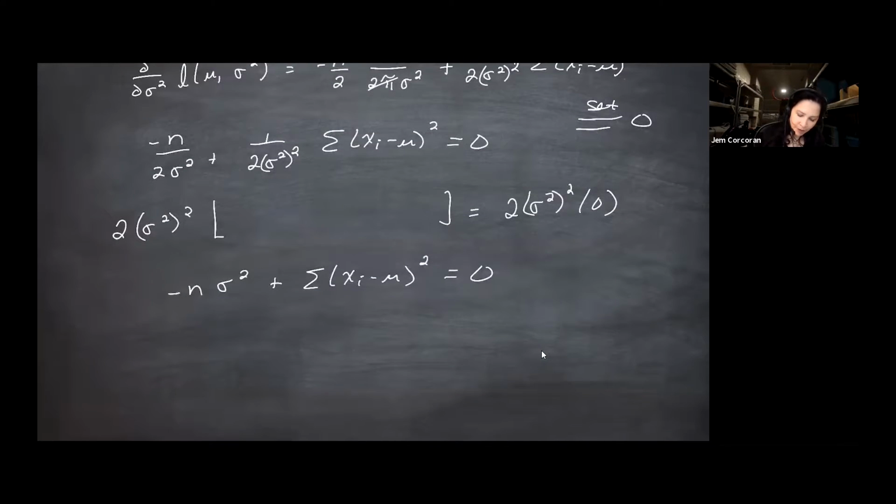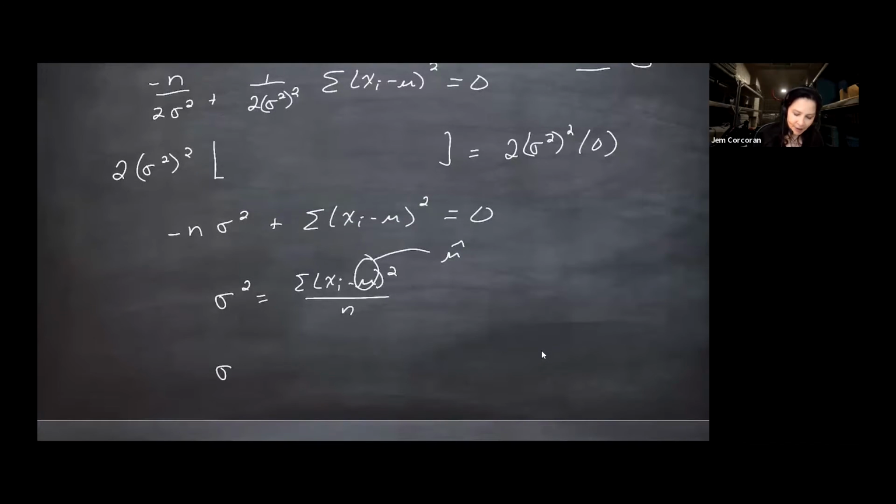So if you solve for sigma squared, it's going to be the sum of the xi minus mu squared over n. But of course, you can't use mu in your estimator of sigma squared because you don't know mu. Remember, we're solving the 2 partial derivatives simultaneously, so we need to plug in our estimator mu hat here.